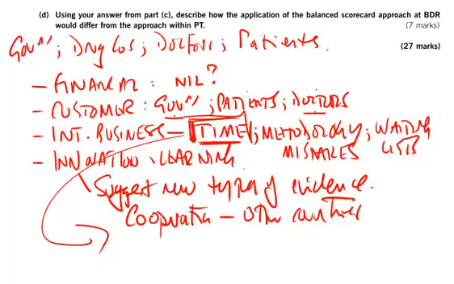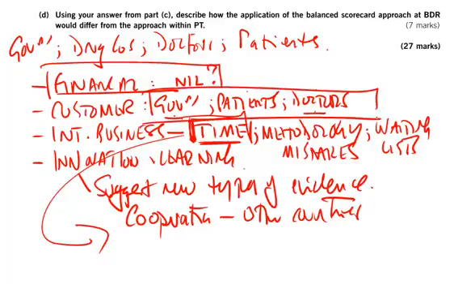Then by cooperation with other countries, we might be able to innovate a way in which we could cut down the time taken to approve those. But I think the main difference is this lack of financial perspective and a rather more complicated customer perspective in BDR than there is with PT.